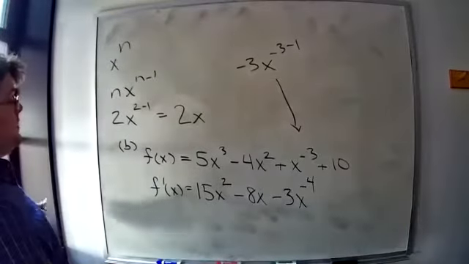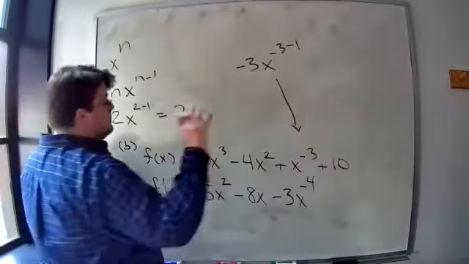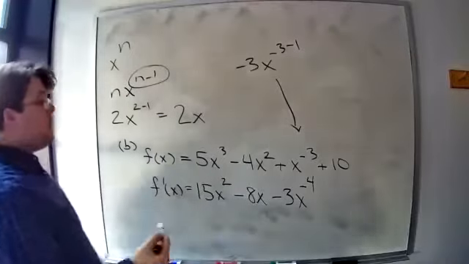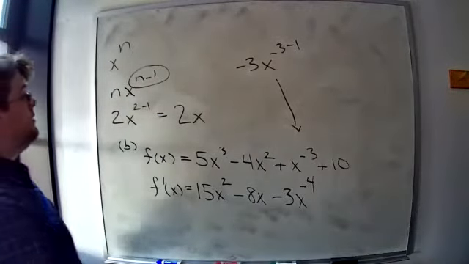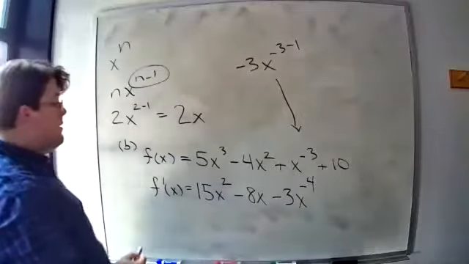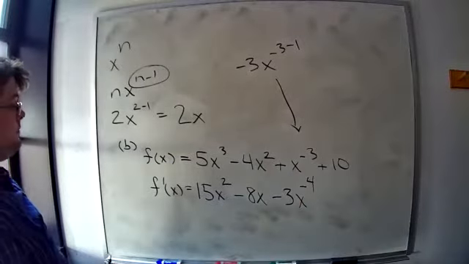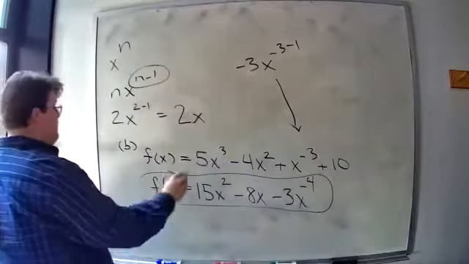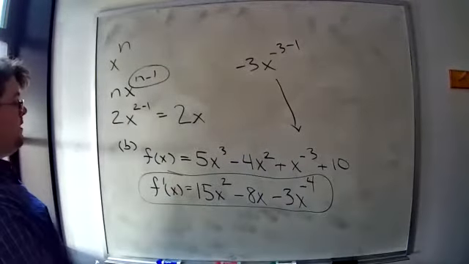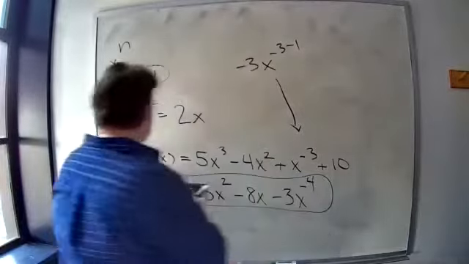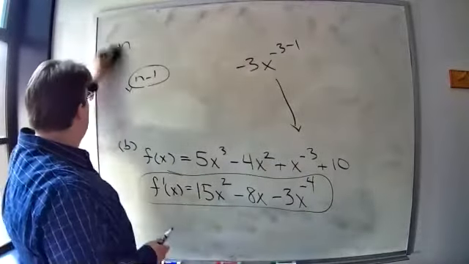So whenever I have a negative exponent, I like to slow myself down and be sure I'm subtracting 1 from the exponent. So -3 minus 1 is -4. 10 is a constant. So again, the derivative of 10 is 0. Any questions about part B?